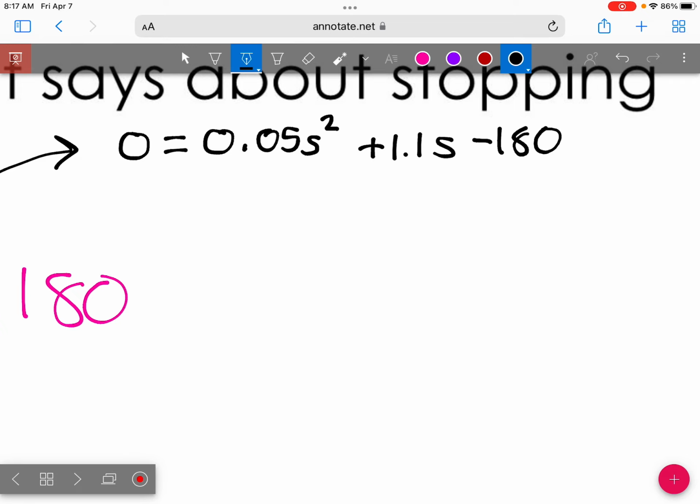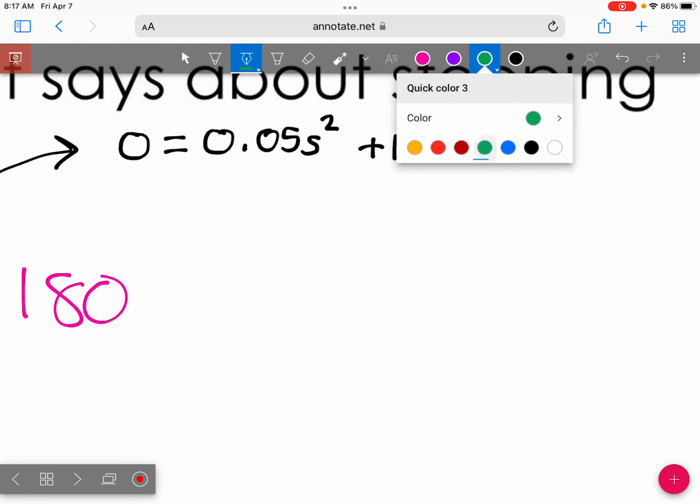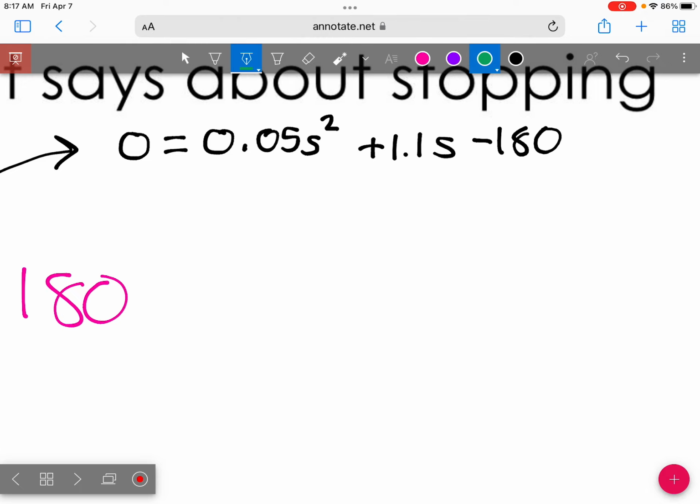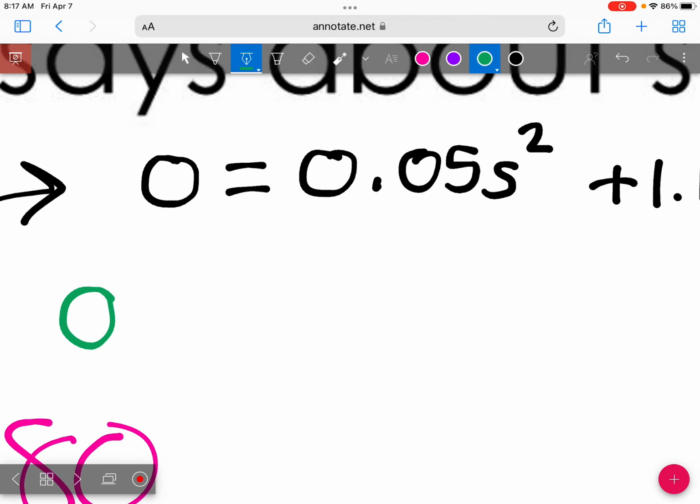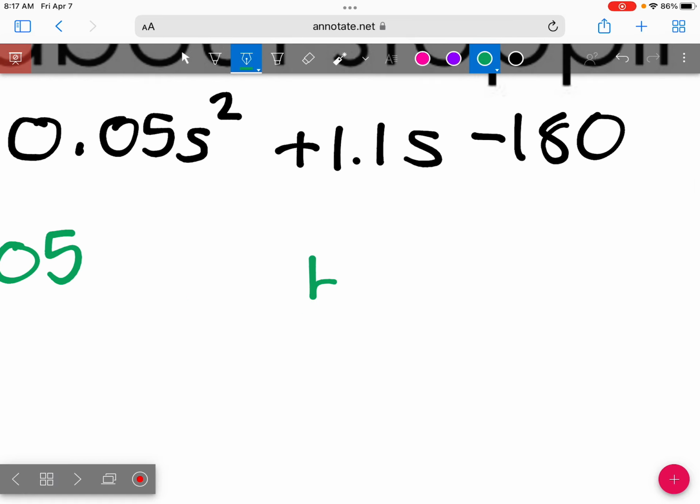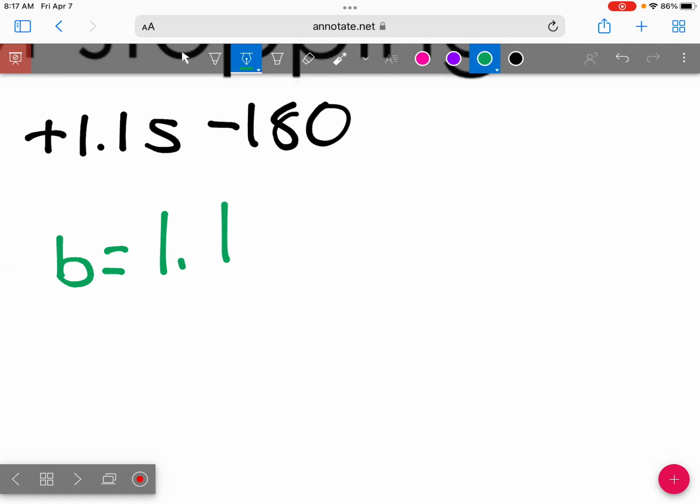We just have to be really careful on what's A, what's B, and what's C. So let's identify those. What is our A here? 0.05. What is B? 1.1. And what's C?